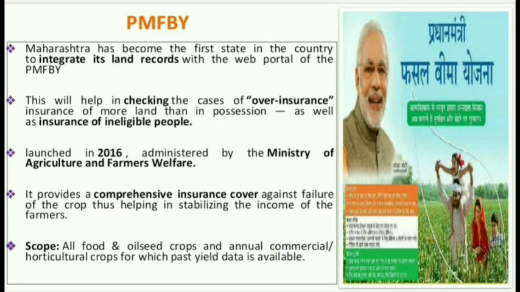So the next issue is Pradhan Mantri Fasal Bima Yojana. It is a very famous scheme in regard to farmers. Maharashtra has become the first state in the country to integrate its land records with the web portal of the PMFBY.